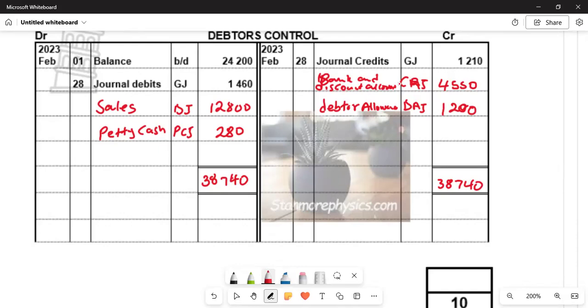When you add this side, it's going to give us 6,960. So we are going to subtract it from 38,740 to see how much it's going to give us, and then it's going to give us 31,780.